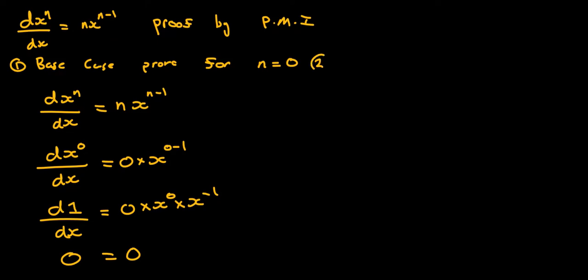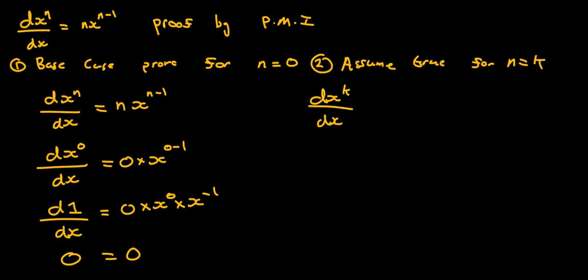The next thing we need to do is assume true for n is equal to k. So we've got d x to the k over dx is equal to k x to the k minus 1.